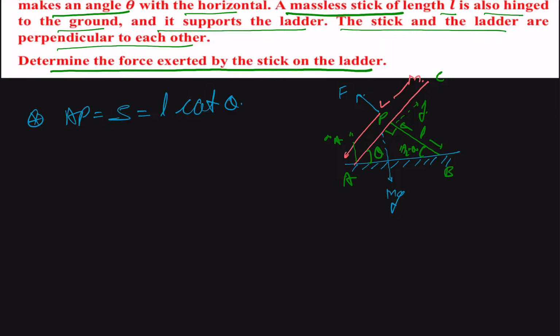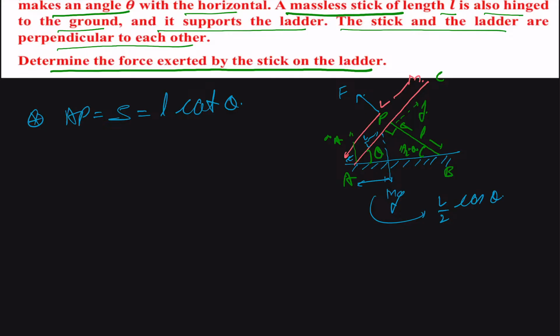The other stick, that is BP, is massless, so we are just going to ignore its mg, and its length will be L by 2, and this will be coming as L by 2 cos of theta.